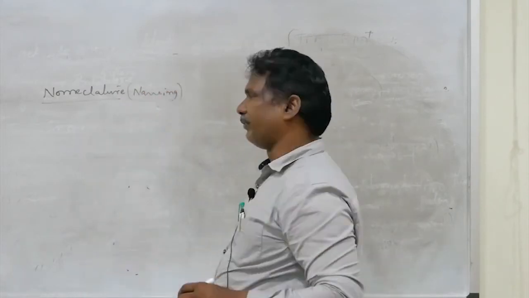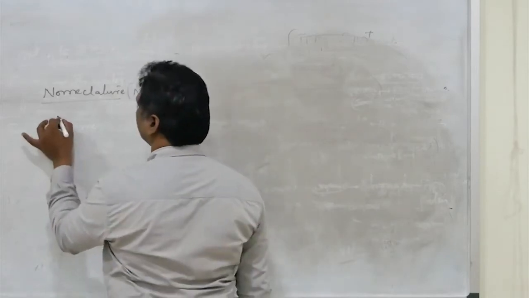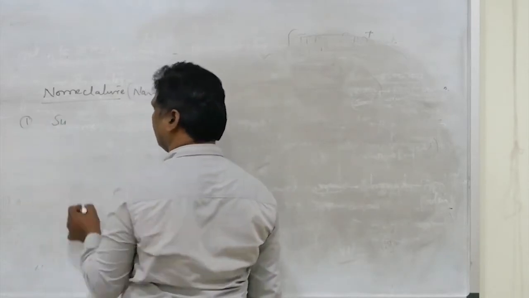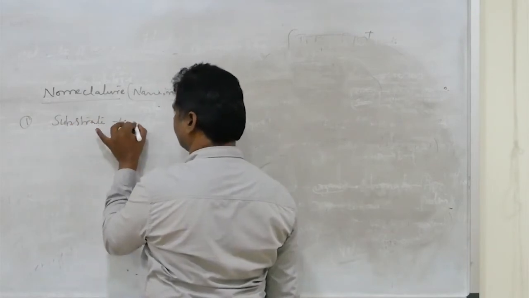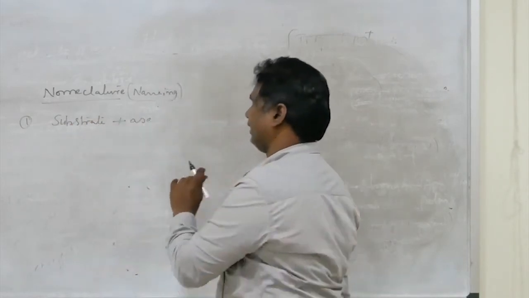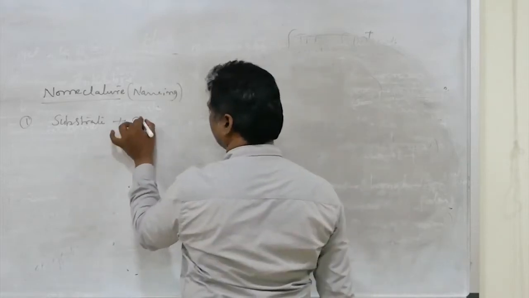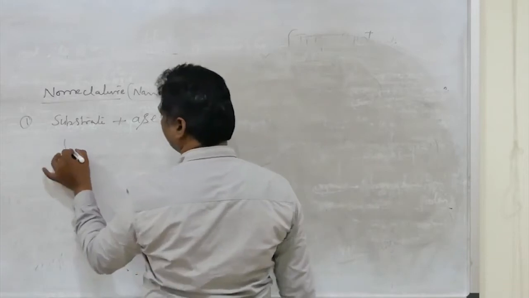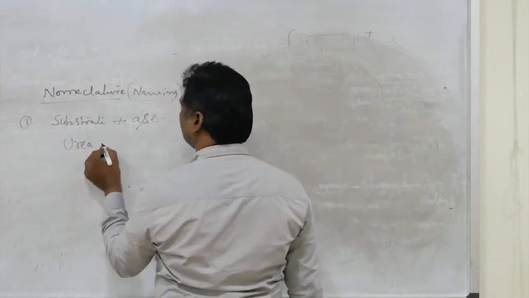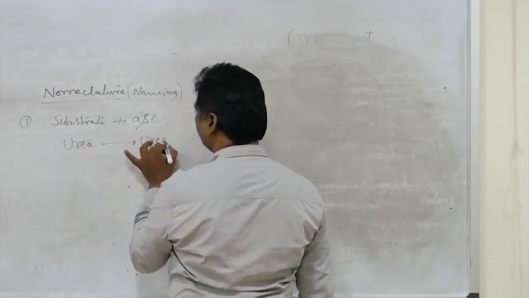The first criterion is the substrate, with the suffix -ase. If the substrate is urea, the enzyme is urease.